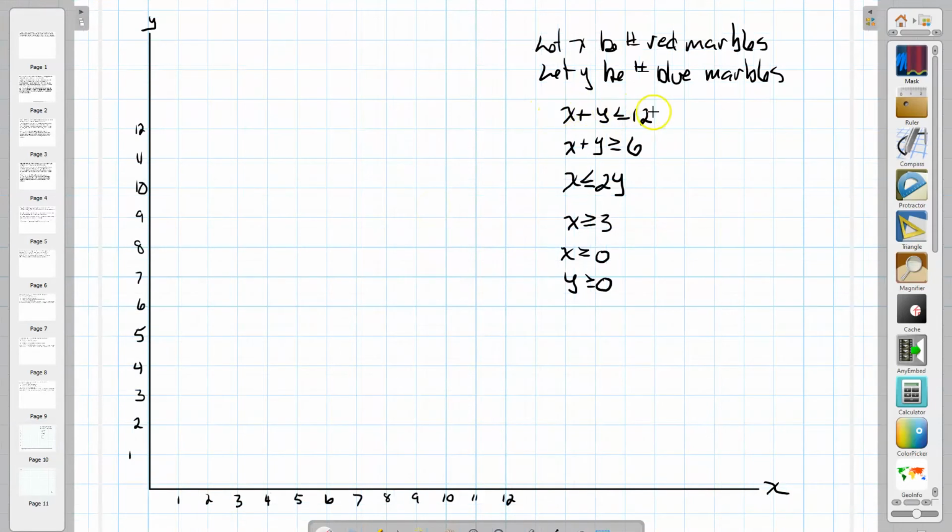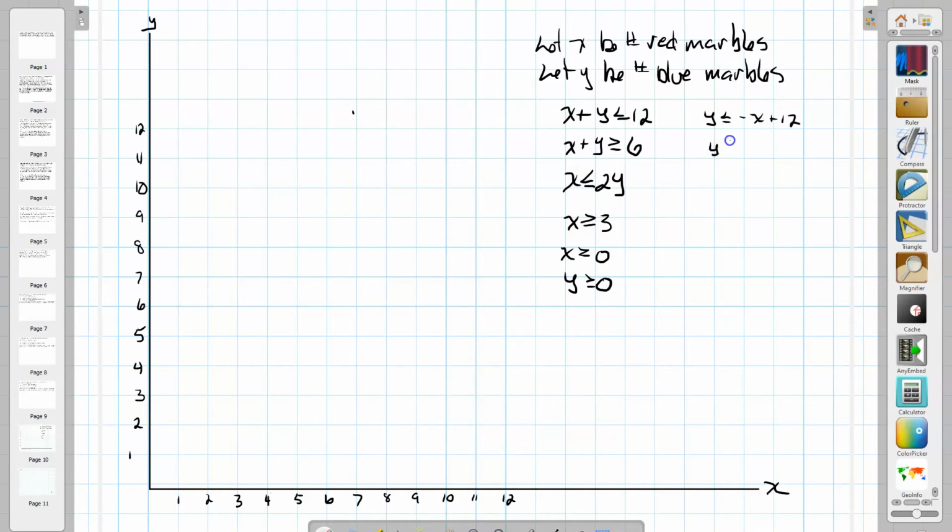We take our first equation, x plus y less than or equal to 12. We need to get that into the y equals ax plus b format in order to graph it. So we subtract x from both sides and end up with y less than or equal to negative x plus 12. We have to do the same with this other equation, so we'll do them all at the same time.